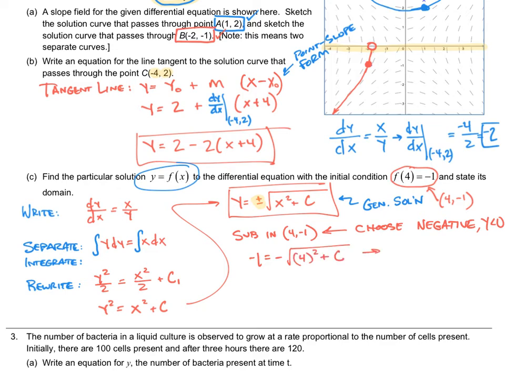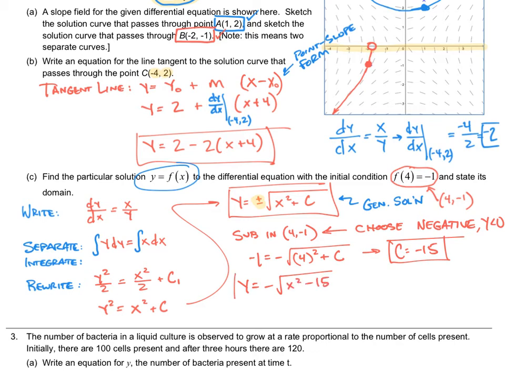When I solve this for C, underneath the square root symbol there, I need to get a value of 1, and I need 4 squared, or 16, plus C to equal 1. That means C equals -15. I'm now ready to state my particular solution. It's going to be y equals the opposite of the square root of x squared minus 15.